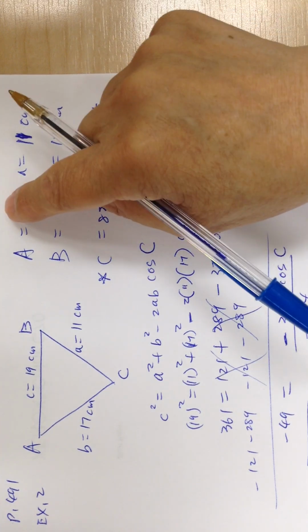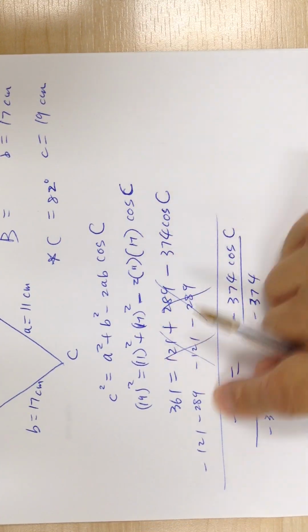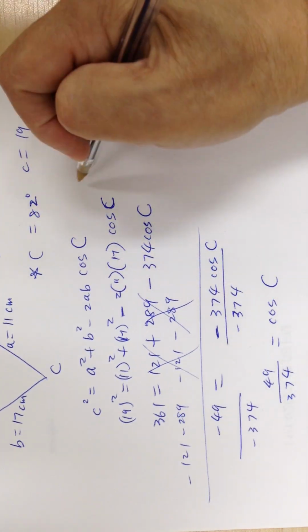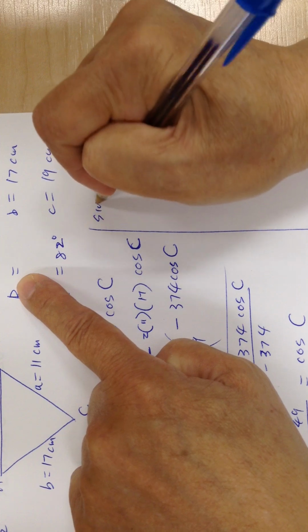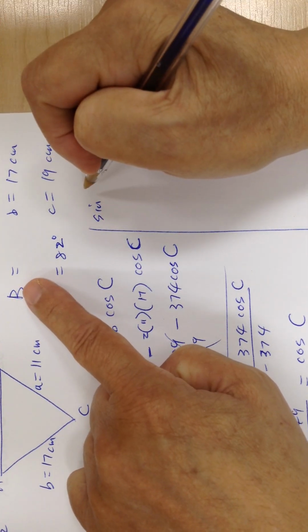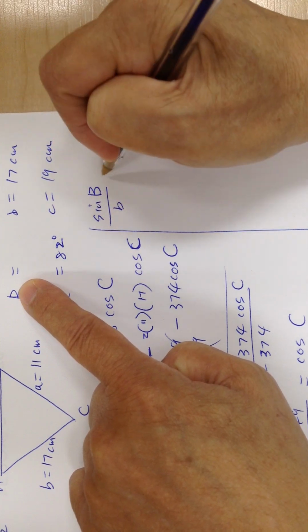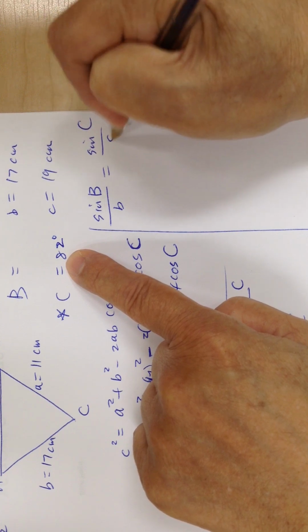If it asks you to find the other two angles, this one is kind of long, so that's why you want to use law of sine whenever you can. So you can write down sine B over b equal to, this is known to be, sine C over c.